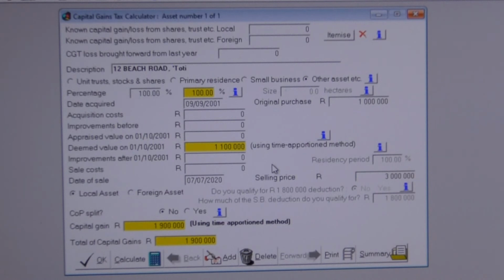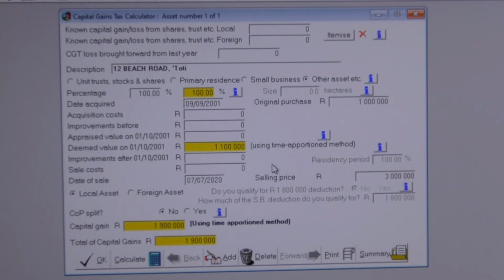1 year before valuation date plus 19 years after valuation date makes 20 years. If we divide the 2 million profit by 20, we get 100,000 Rand profit per year. Add 100,000 Rand for each year of ownership before 1st of October 2001 to the purchase price to get the base cost.